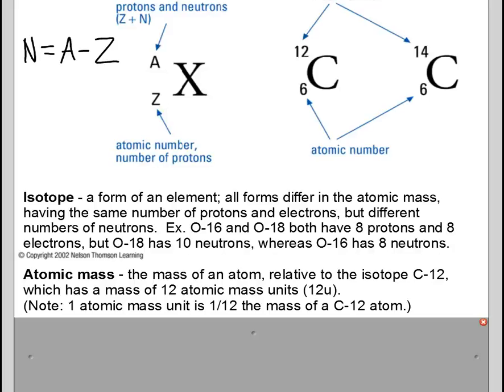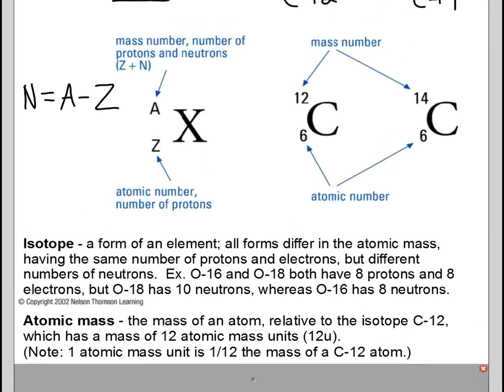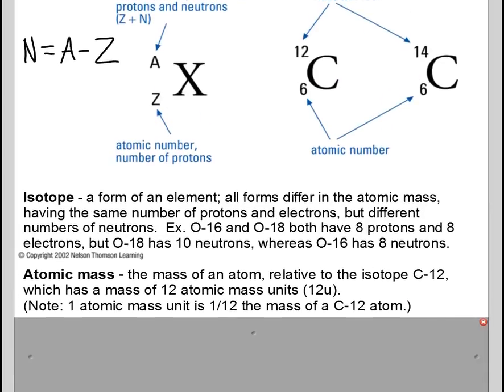Now, since the mass number is A, we use the letter A for mass number, and it's describing heavy particles, which are pretty much all of the mass of an atom. We use A_r. Now it's not in here, but we can add that. So A subscript r is relative atomic mass.